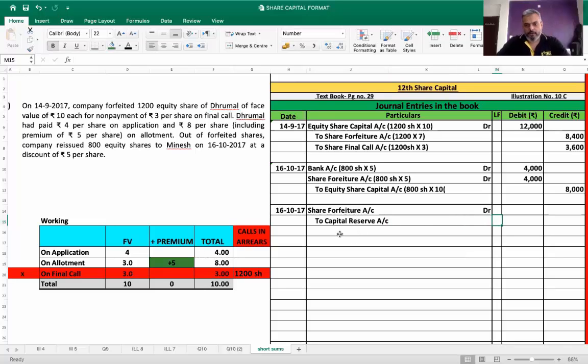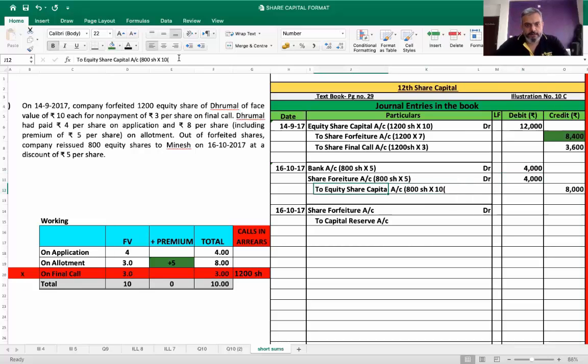Now, amount. What we can do is 8,400 minus 4,000. Okay, that is what we normally used to do when the number of shares forfeited and number of shares reissued were same. But over here, you can see that they are different.